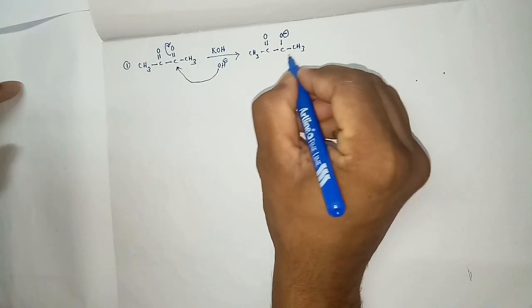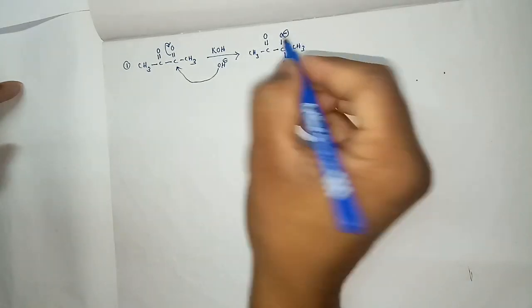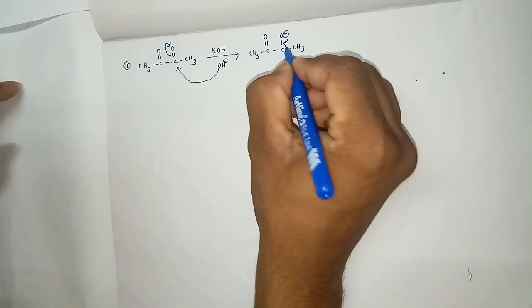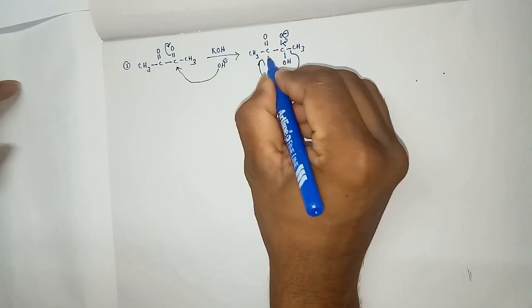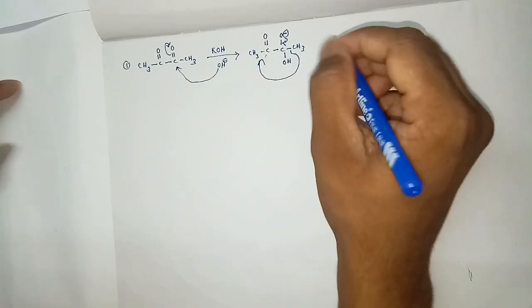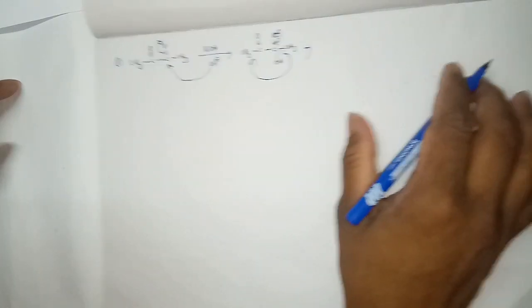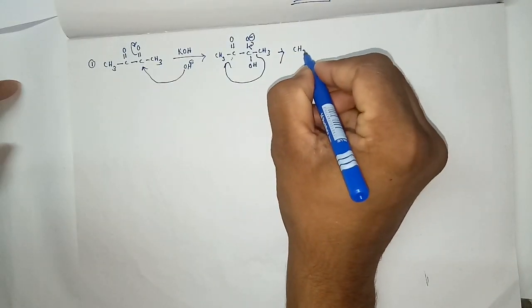Again this negative charge will come down and the methyl group will shift towards this carbon, and the bond shifts towards oxygen.